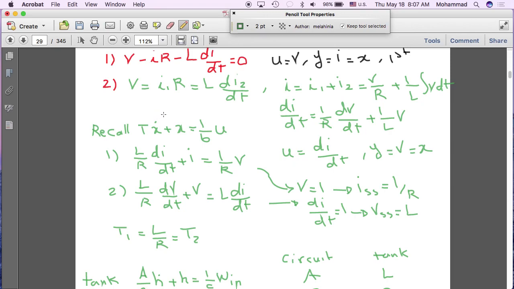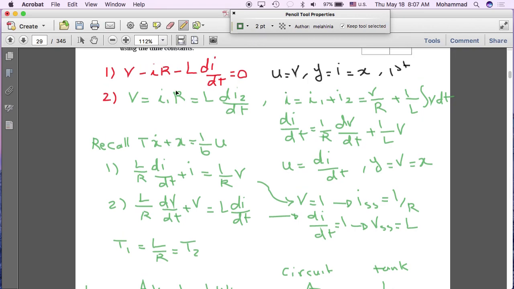You simply rewrite it and take the state variable and its time derivative to one side and make the coefficient of the state variable equal to 1. So if you push these two terms to one side and keep v on the other side and divide through by the coefficient of I, you get L over R di over dt plus I equals 1 over R V.